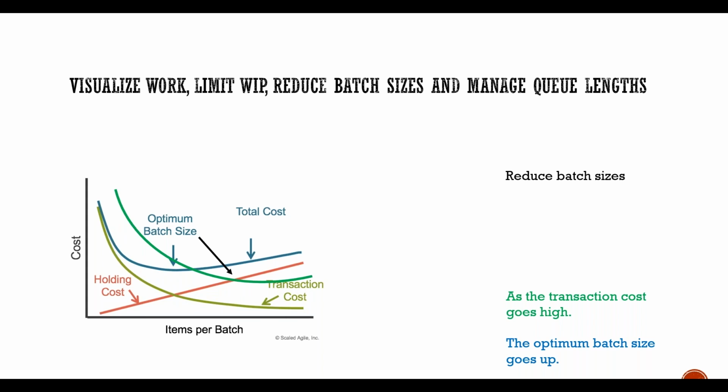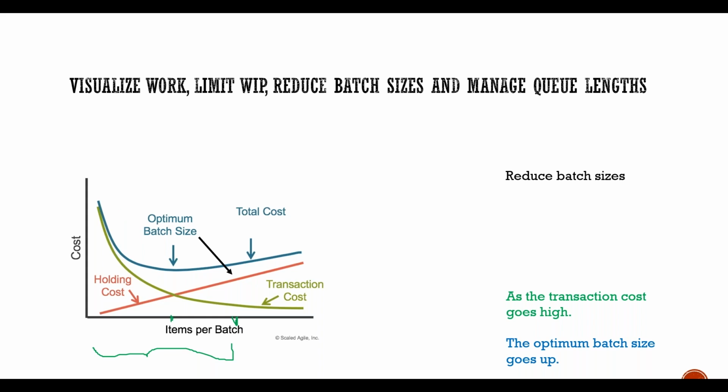So assume when the green line moves up, the optimum batch size also goes up. Earlier the optimum batch size was here, but now it is here. So as the transaction cost goes up, the batch size also goes up. It means you need to release in bigger batches, right? So if the transaction costs are high, then your optimum batch size also goes up.